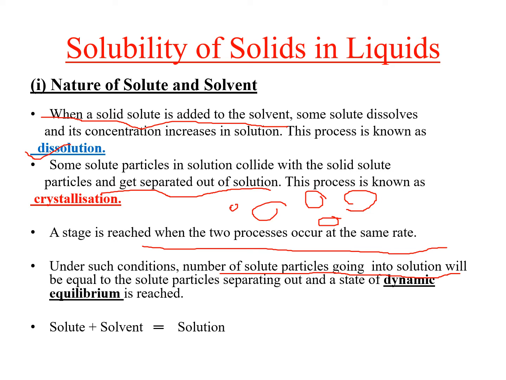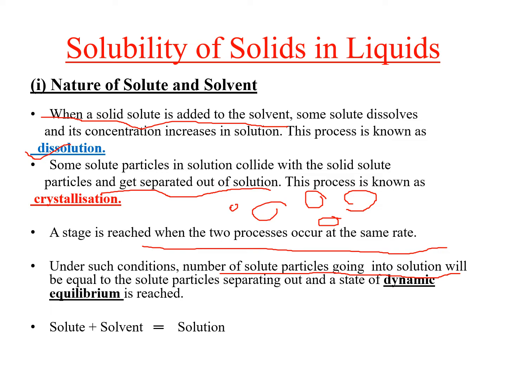It means an equilibrium is established between two processes, between dissolution when you are adding solute and when solute particles collide and make a crystallization process. So the equilibrium established between dissolution and crystallization is in a dynamic state.